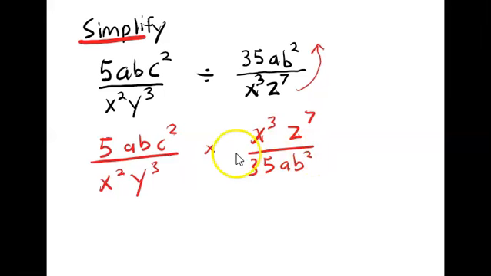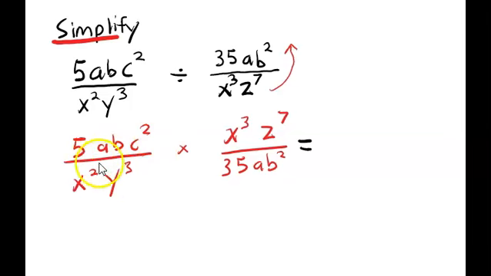And then here's 35ab squared. Okay, so here we can see, okay, this part. Now the 5 can be divided with 35. So 5 divided by 5, you get 1. 35 divided by 5, you get 7. Okay, so a will be cancelled off here, and the b will cancel off with this.